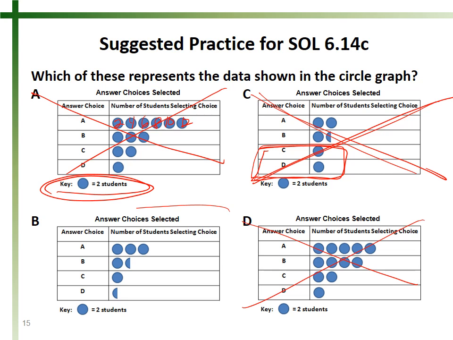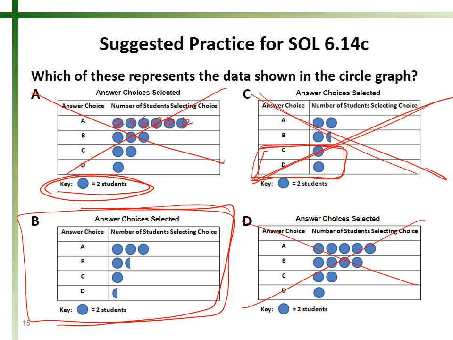So of course the only option that we have left here is B. And so we have A is the biggest piece. B, we remember that B is about half, so it looks about right. And we notice that C is double of D, and so we can also see that piece there too.